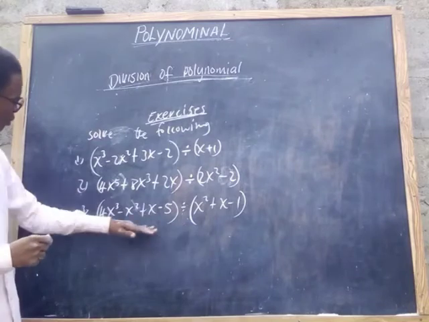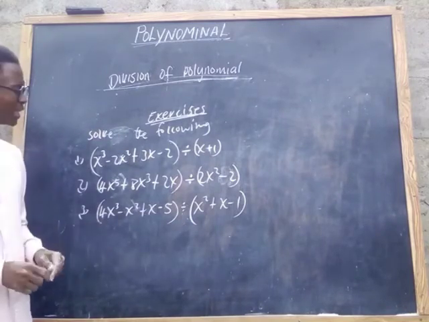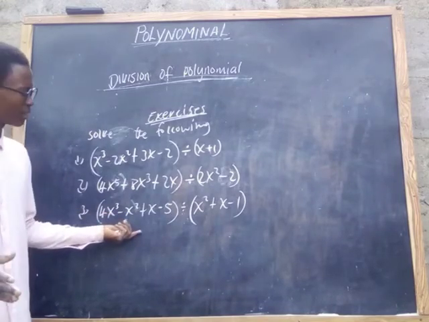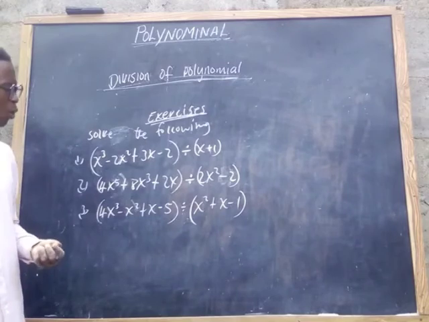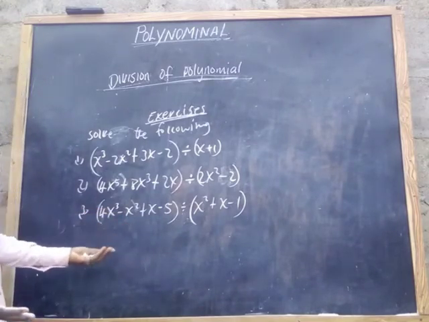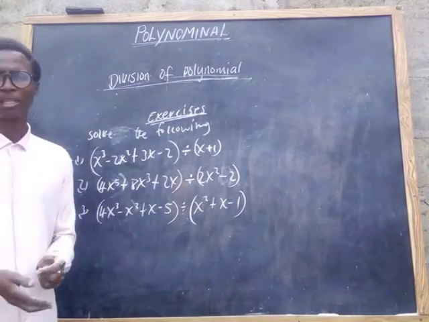After you have understood, just solve this one for me and type your answer in the comment section. Type for me the remainder and the quotient in the comment box, right?